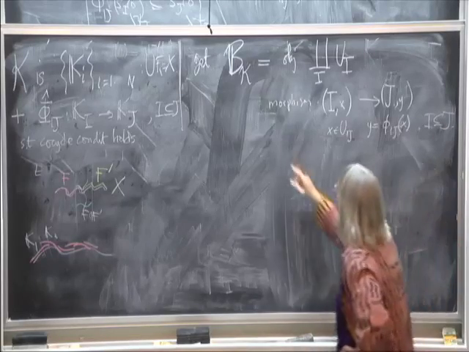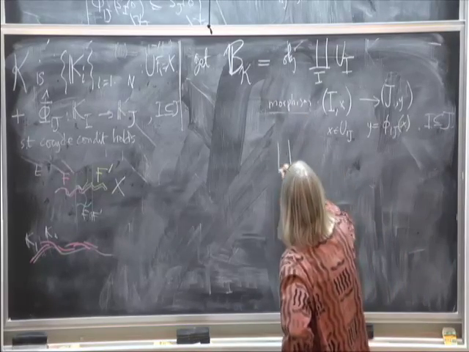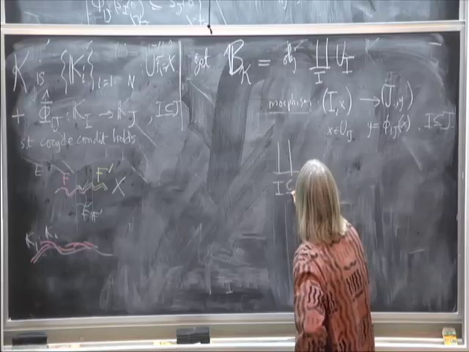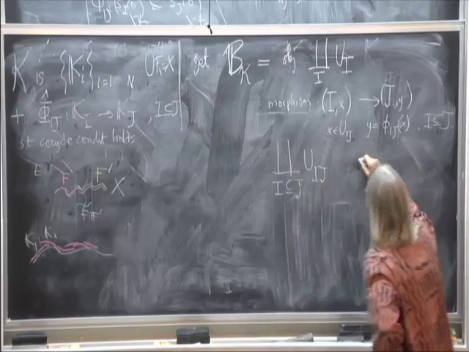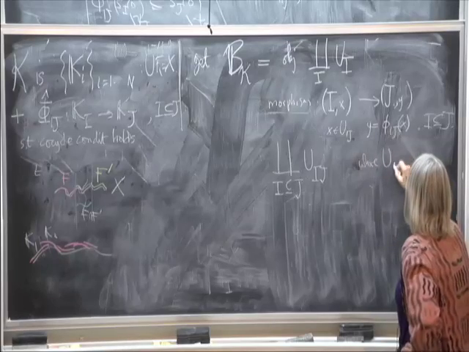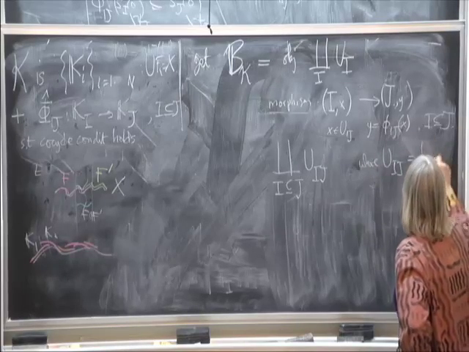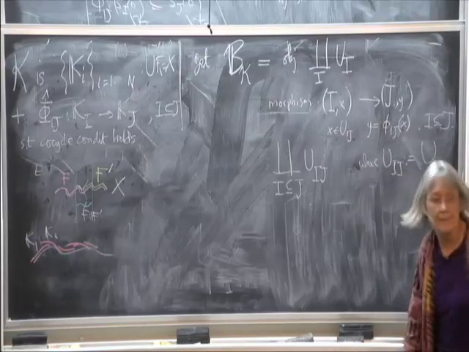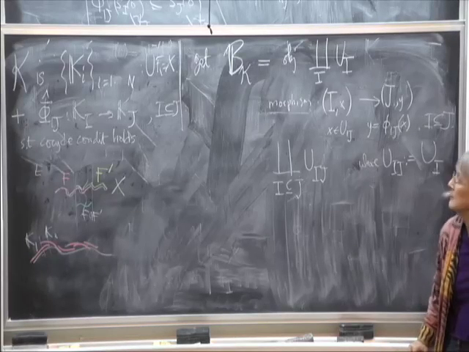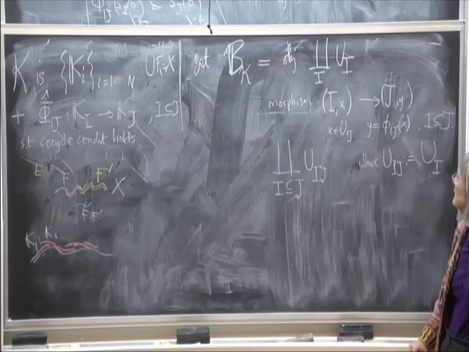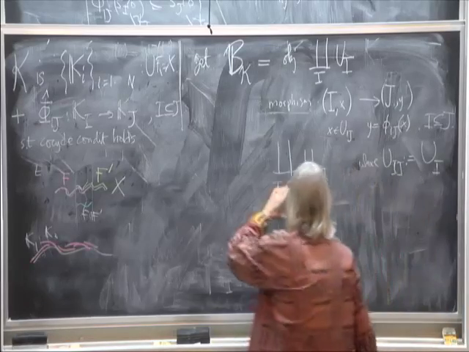And so the space of morphisms is going to be the disjoint union of all pairings like this of the domains, where we put U_II equal to U_I.